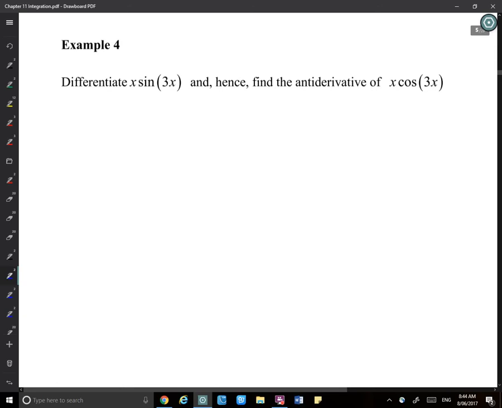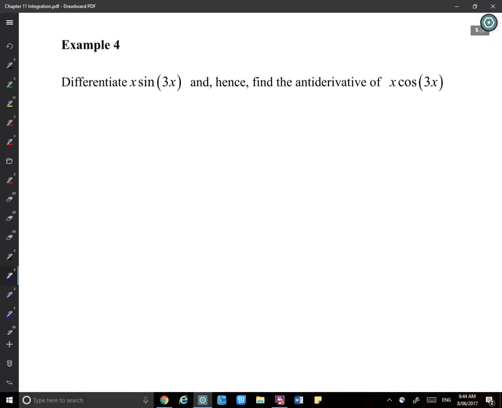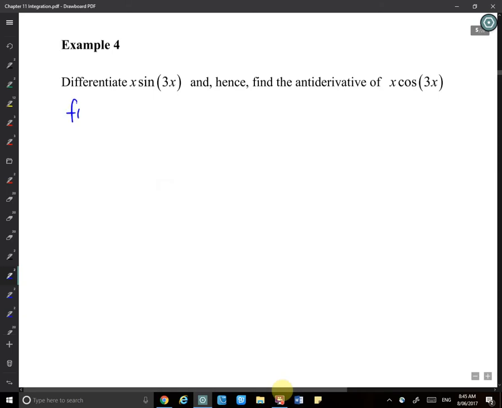Okay, let's have a look at example 4. Example 4 is differentiate x times sine 3x. So if we have f(x) equals x times sine 3x, then f dash x will be, derive x is 1, so you have sine 3x plus, leave x, and what will sine become?